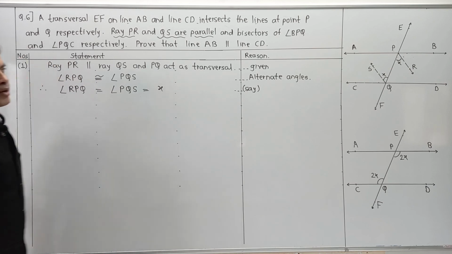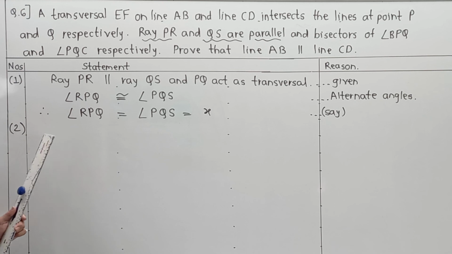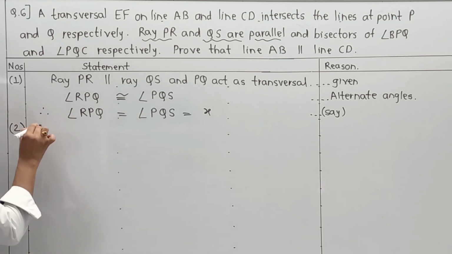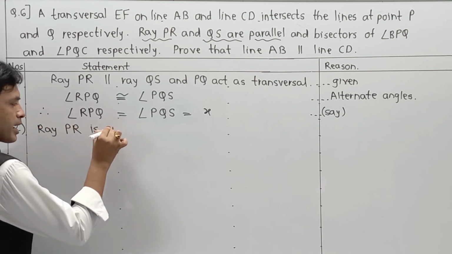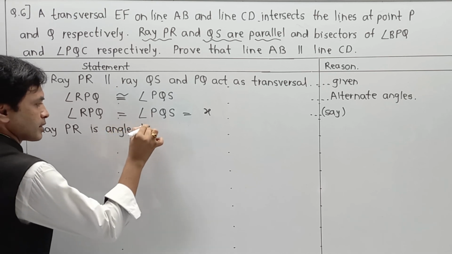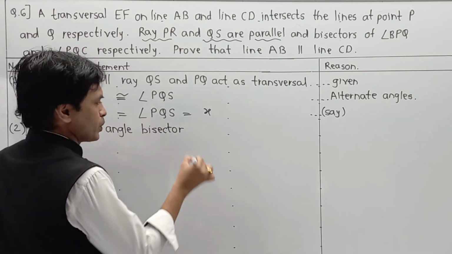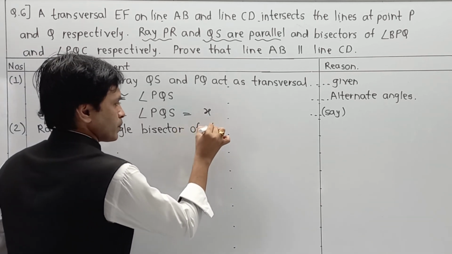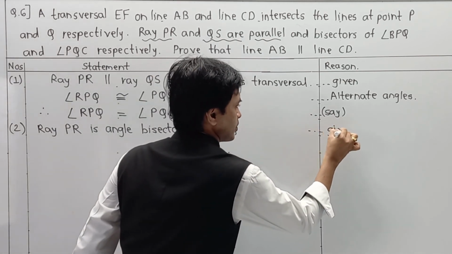Now next part, they have also given that PR and QS are the angle bisectors of BPQ and PQC. So the second part, as per the given, ray PR is angle bisector of angle BPQ. They have given this, so I am going to write it as given.